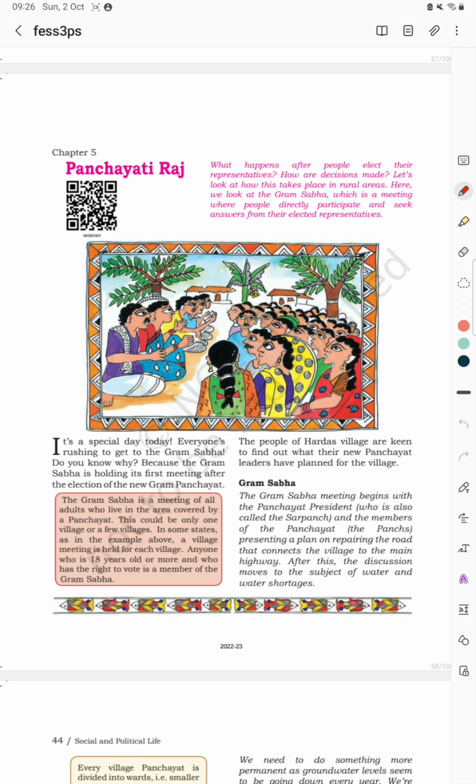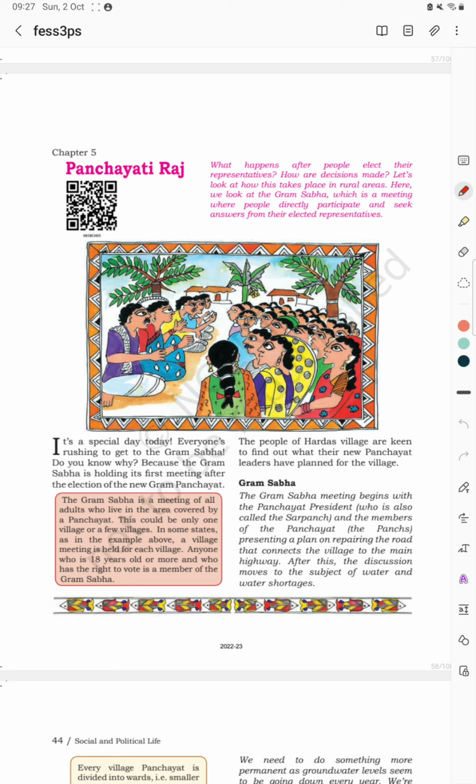Up till now we have seen how people participate in the election to elect their representatives, and those representatives take decisions on behalf of the people. Now we will see how the decisions are taken, how the elected representatives take decisions for any policy or for any scheme.